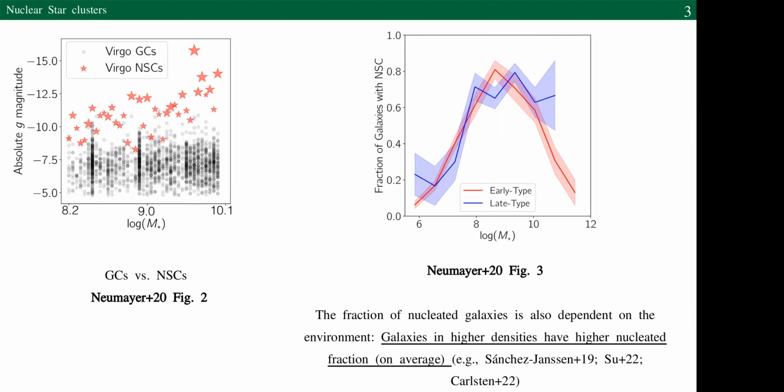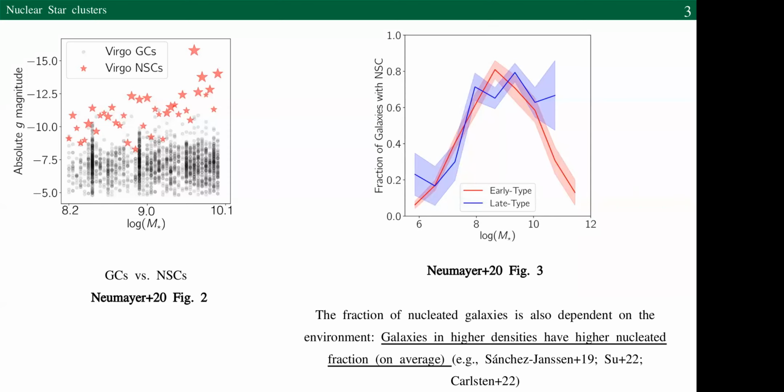Here in the red panel, you can see the fraction of nucleated galaxies as a function of their stellar mass. Galaxies start to have nuclear star clusters at around 10 to the 6 solar masses. They reach a maximum in the nucleation fraction around 10 to the 9. And for galaxies above approximately 10 to the 12, galaxies lack nuclear star clusters.